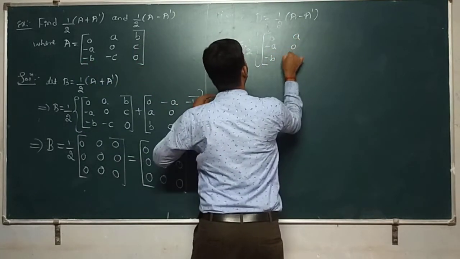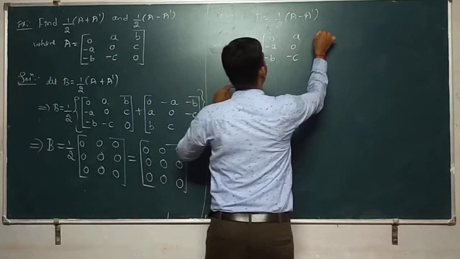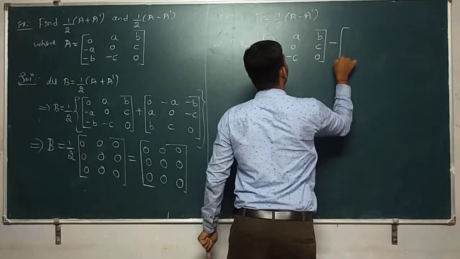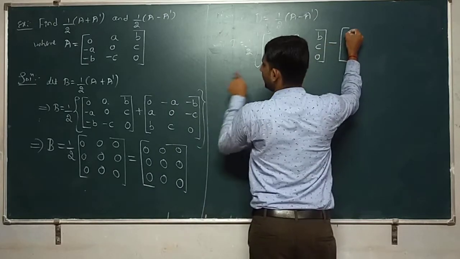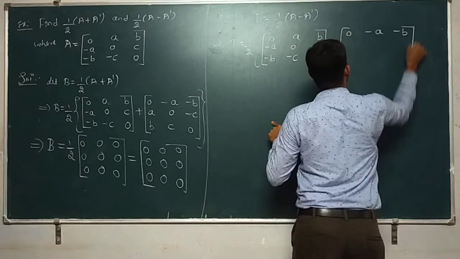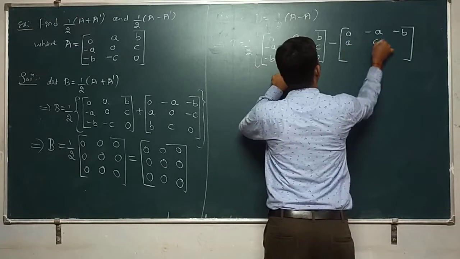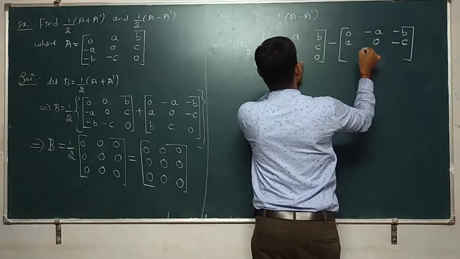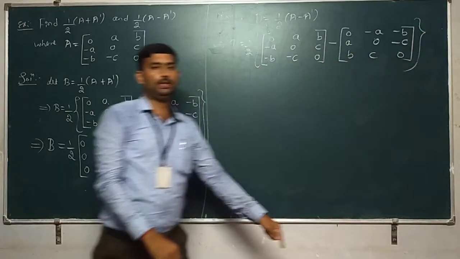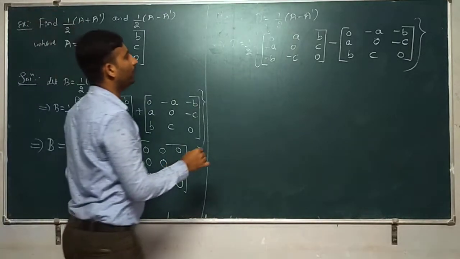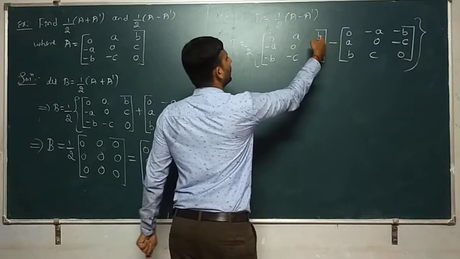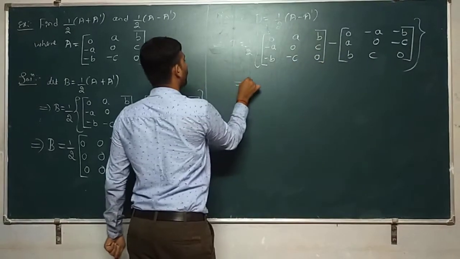Half of A, 0 minus a minus b, a 0 minus c, b c 0, minus of A dash, which is nothing but the same matrix transposed: 0 a b, minus a 0 c, minus b minus c 0.